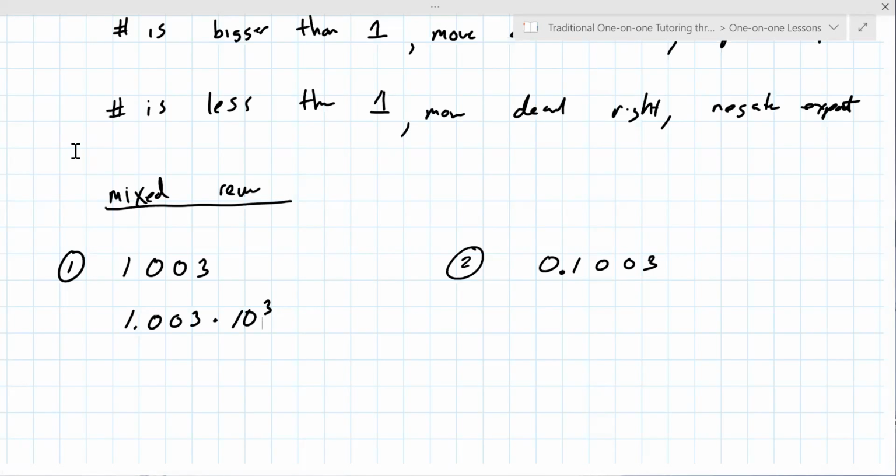All right, I got the second one. The second one is also 1.003, but this time it's times 10 to the negative 1. Yep, got that too. Great. All right, so I'm going to assume you understand that. Yeah, I do. Those aren't the best examples, but they're good enough for what we're trying to do here.